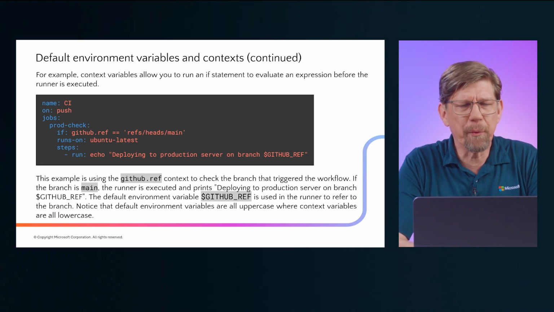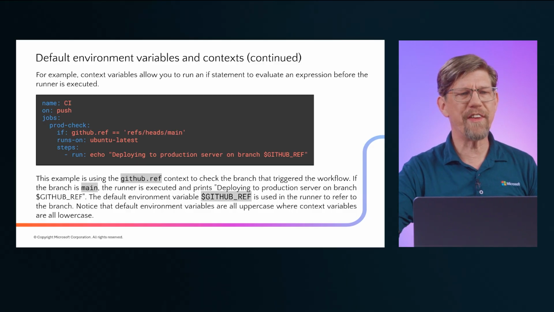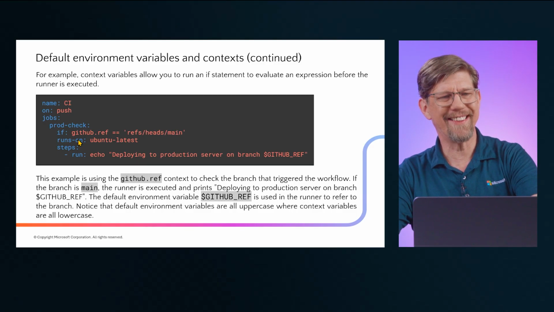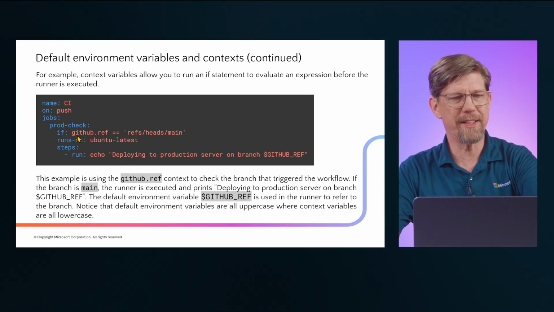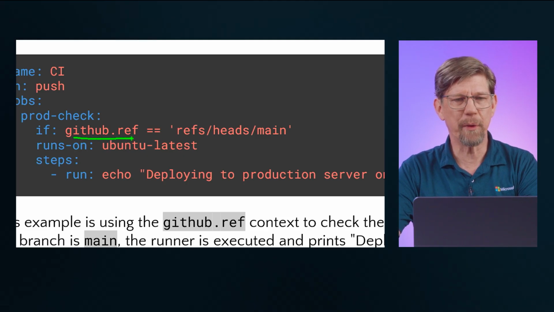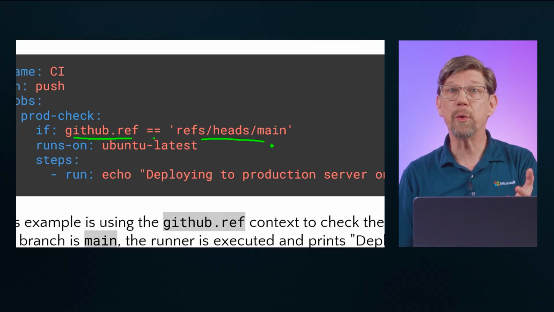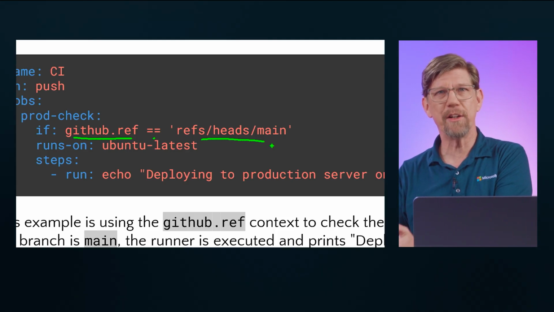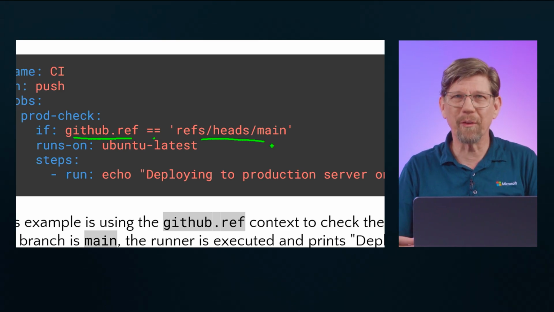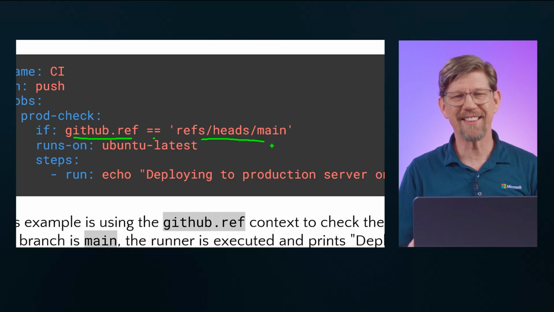There are also a number of built-in objects. Right? And so one of the objects that we are seeing right here is the github object. Right? This is another way of referencing that same idea. And so when we say here github.ref, we are confirming that it is equal to refs/heads/main. Those of you who know the world of Git know that beneath the covers, when we are referring to the main branch, the full and official name of the main branch is refs/heads/main.